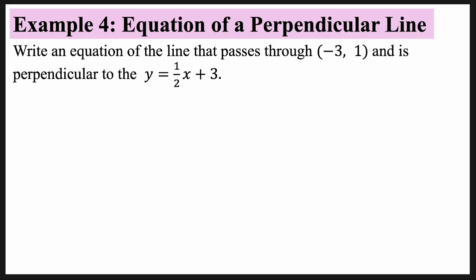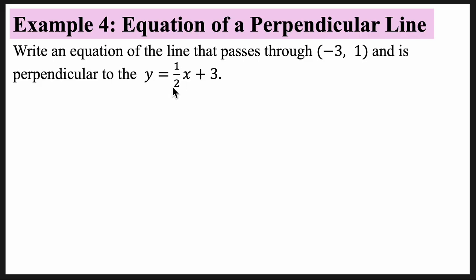All right, in this example, we're trying to find an equation that passes through the point -3, 1 and is also perpendicular to the line y equals 1/2 x plus 3. So this original equation here has a slope of 1/2 and a y-intercept of 3. And slope is all we need here.